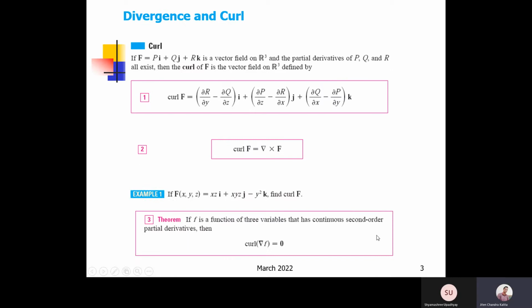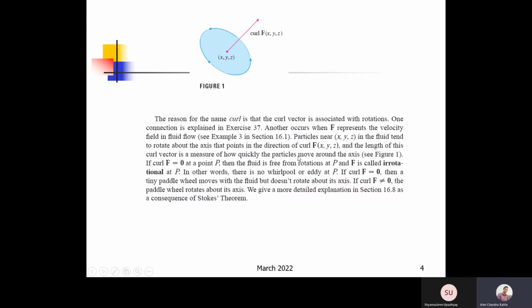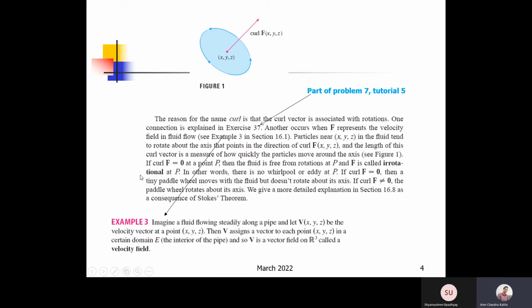This we have already proved: if f is a function of 3 variables that has continuous second order partial derivatives, then curl of grad f equals 0, and this I have already explained. This example 3 we are going to do in our tutorial.